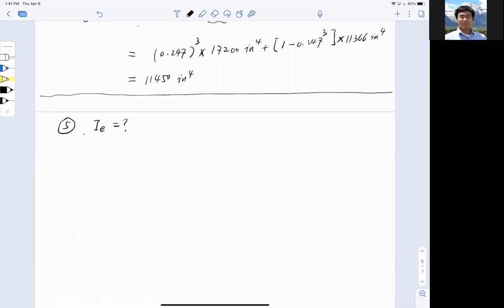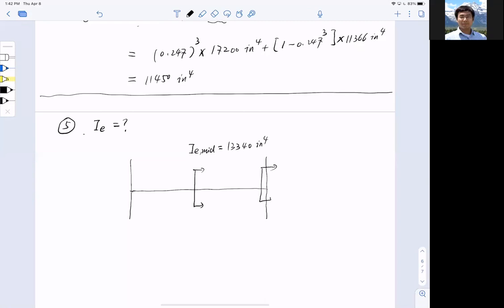To compute this, let me do the drawing again. That is my column, and I simplify this as my beam. So IE middle span, IE mid, I have computed in step number 3, and that is 13340 inch to the power 4.